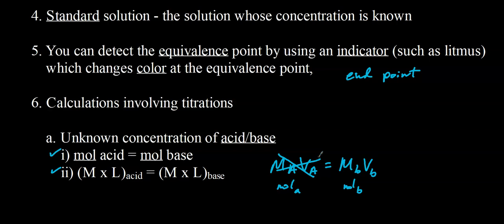Conversely, if your base was a solid and you're titrating it with a solution of an acid, then since the base is solid, we can't use MBVB. Instead, we get MAVA equals moles of base. So 3 different equations depending on your acid and base, whether they're both in solution or if one is a solid and the other is a solution.